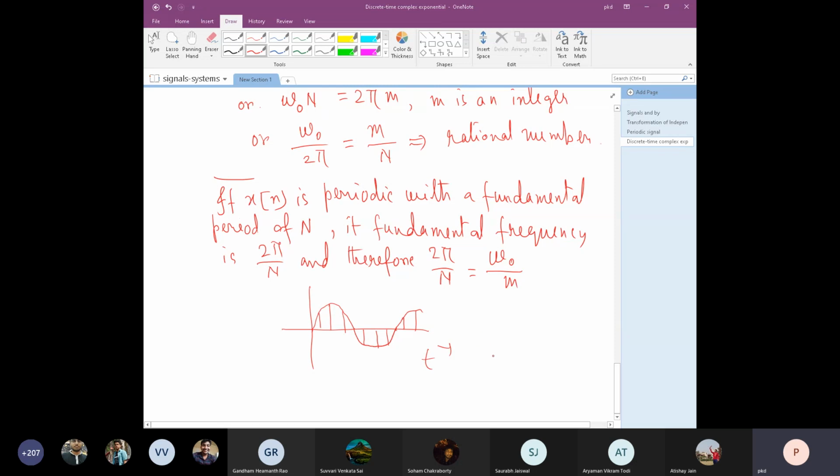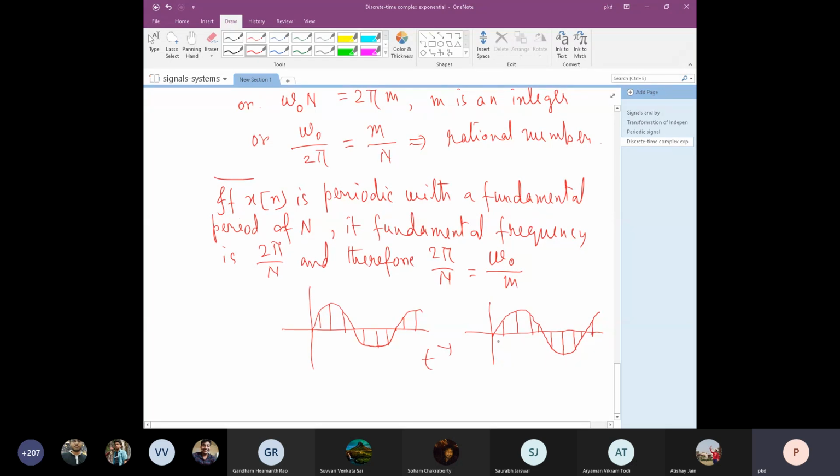But suppose I do not sample like this. I do not sample exactly at the integer multiple, so I am here. Then what will happen?